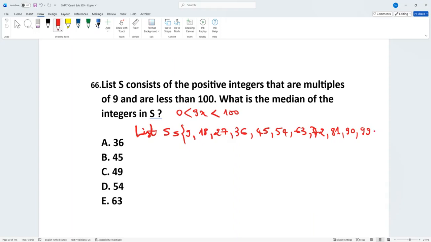We will not go further because after 99 the next number is 100. The prompt says that it needs to be less than 100. So these are the values that we have in our list.